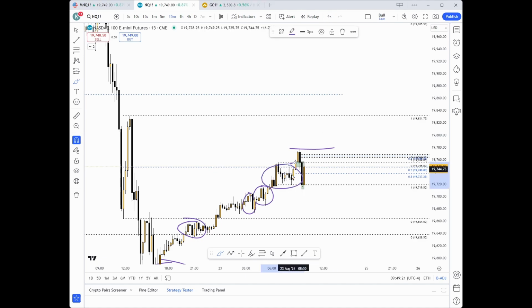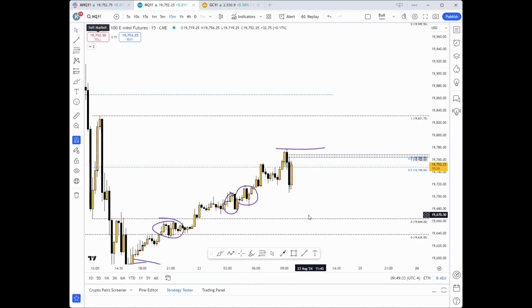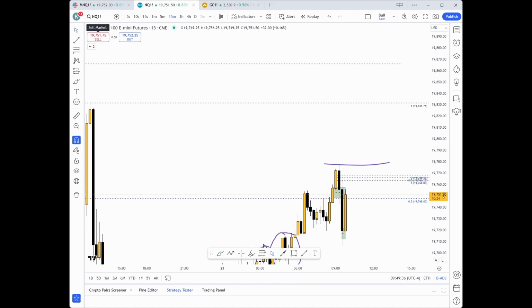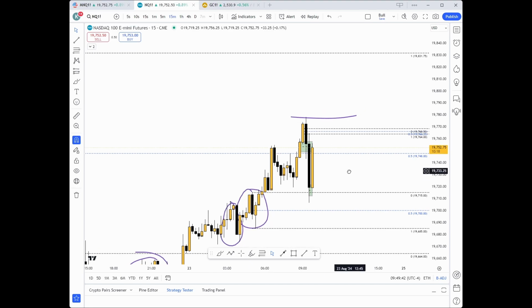Right, I like this consolidation that yielded strong price action. That's why I had this area marked out. Right, but in theory, I suppose that's not really correct. We have this being our swing, which we just tapped into.